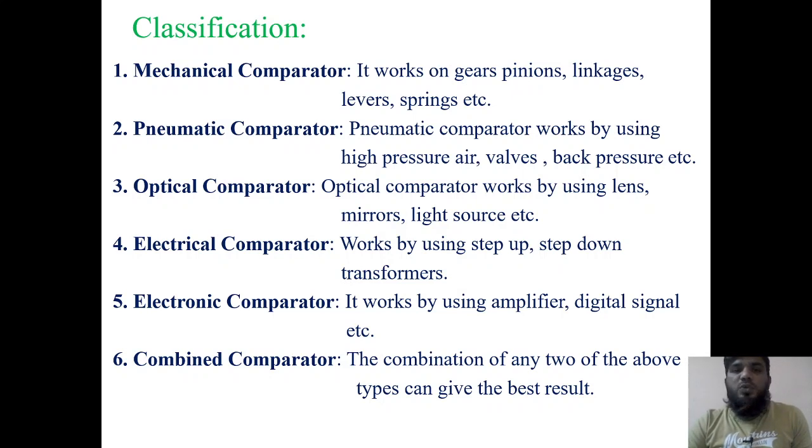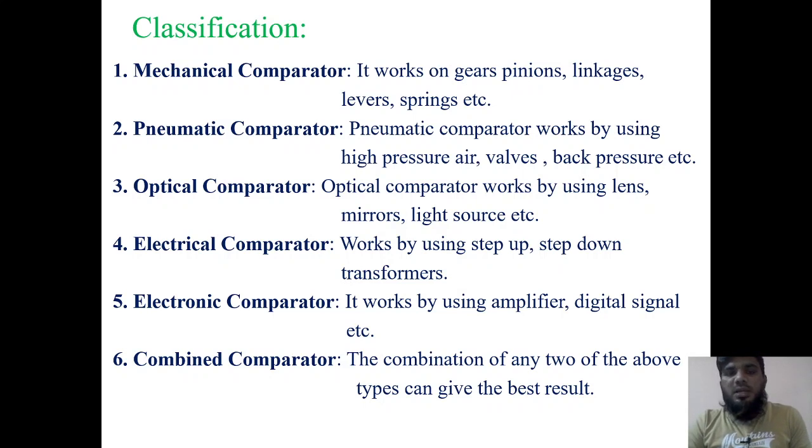Whereas in pneumatic we use high pressure air valves. Hydraulic means liquid, pneumatic means air. Most of the time we use air valves here. There are other liquid comparators also, but we mostly don't use them. So most of the time we go for the pneumatic comparator itself.